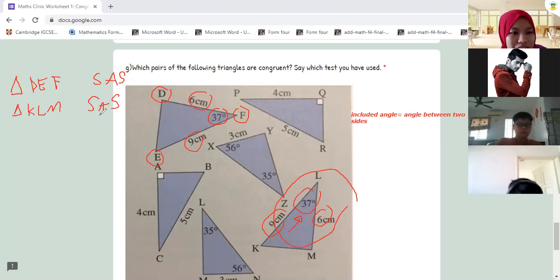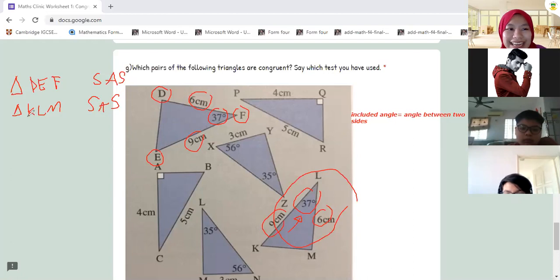Oh, careful. It's not ASA, my dear. It is SAS. It's not ASA. You have two sides there. Oh, typo. Okay, I thought your answer was ASA. The answer is SAS because you are having an included angle between two sides.